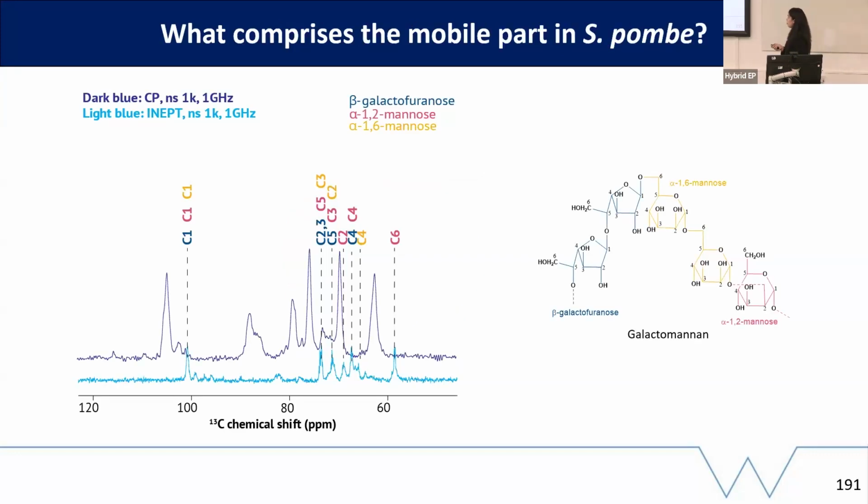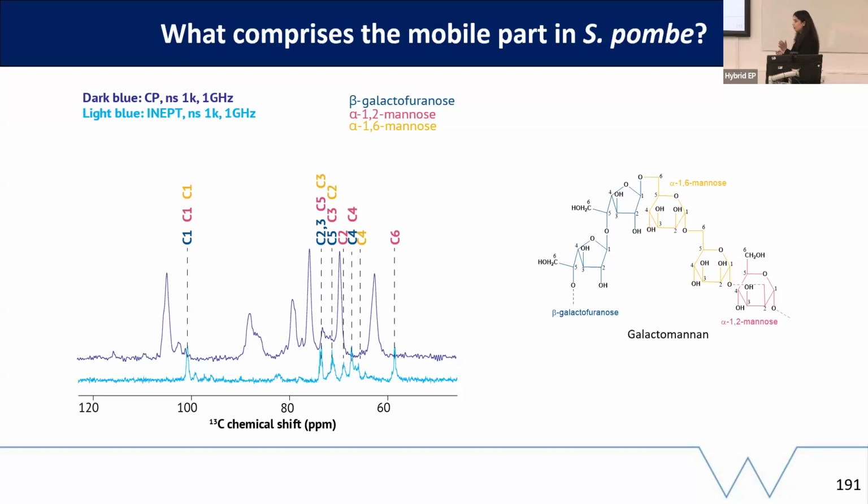This slide shows a comparative plot of both the rigid and the dynamic portion. The rigid is the dark blue, the CP experiment, which is based on dipolar coupling, so it highlights molecular motion on the millisecond scale. And then there is the INEPT spectra, which is observing the J coupling, so it is basically highlighting molecular motion on the nanosecond scale. And we do see different peaks, different sugars observed in both the spectra.